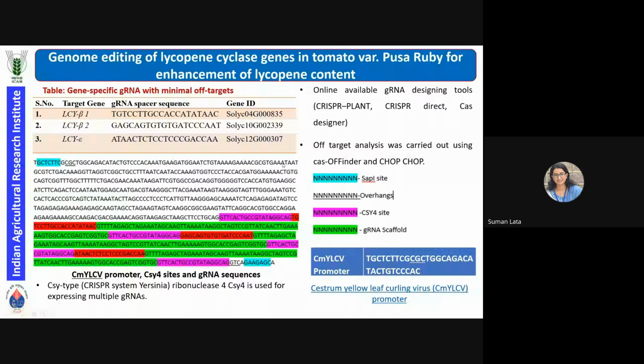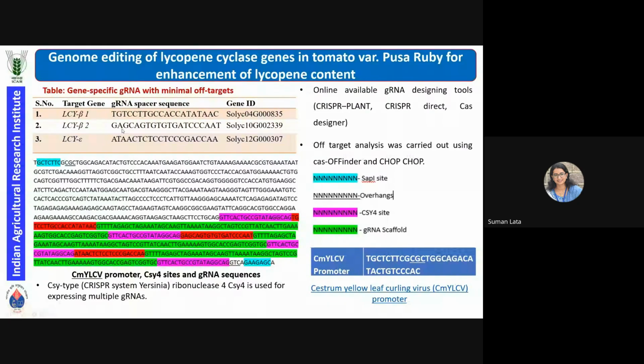And this is the work which we are doing in tomato, that is targeting of the lycopene cyclase genes. We have taken these three genes, lycopene cyclase beta 1, beta 2, and epsilon.